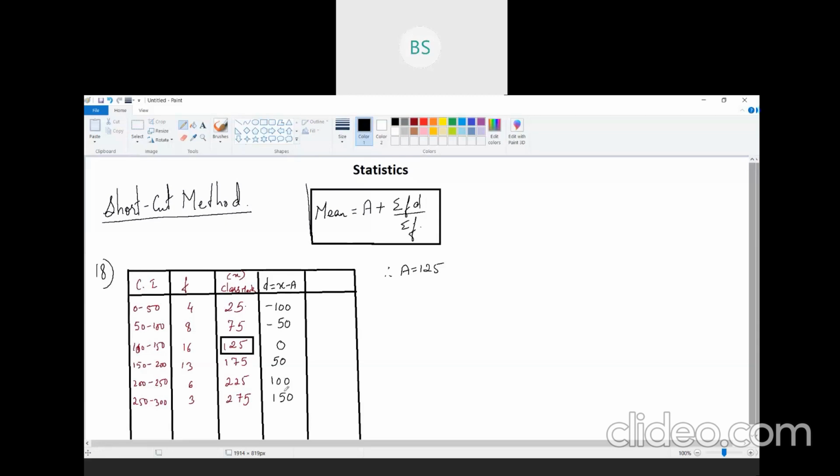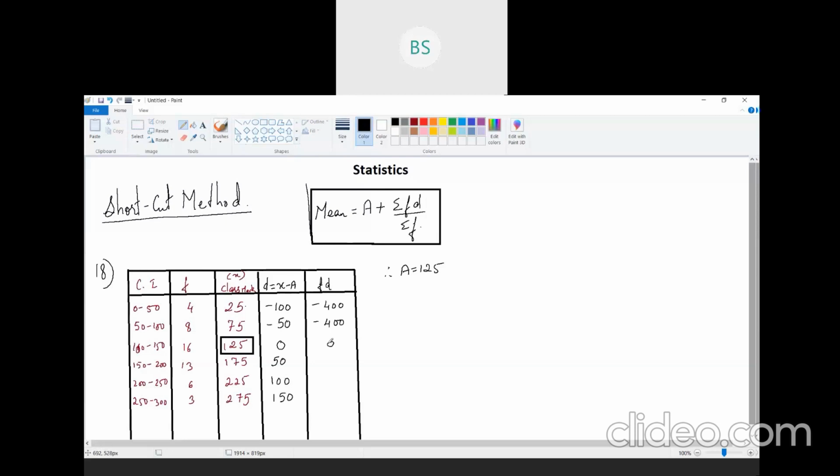Okay. So once we finish with this, we have to find out the product of frequency and D. So f into d. So your frequency is 4, d is minus 100. So this will be minus 400. Then this will be 100 minus 400. Yes, this is again minus 400.